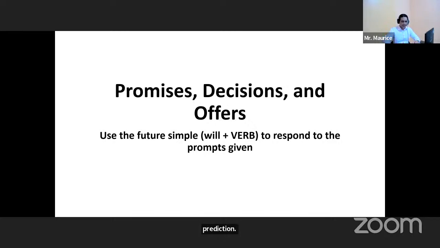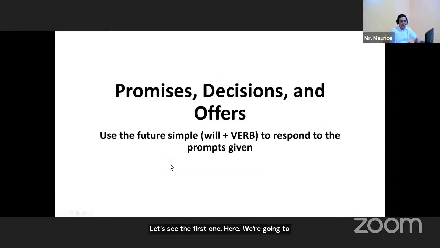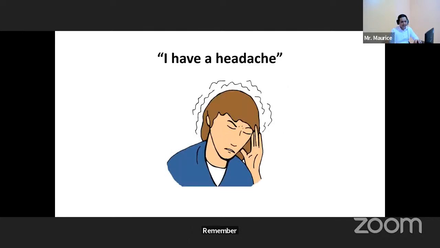Four different uses. Here we're going to study one of the uses. Remember, promises, decisions, and offers. Let's practice. Let me pick one student to help me out.